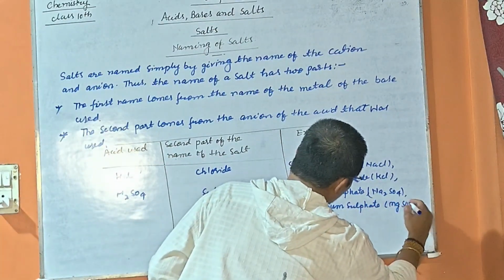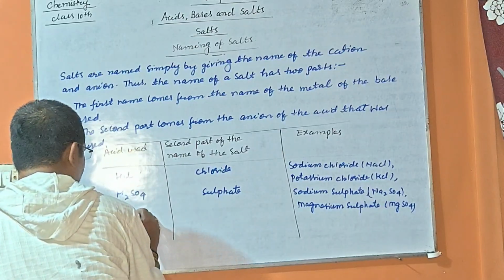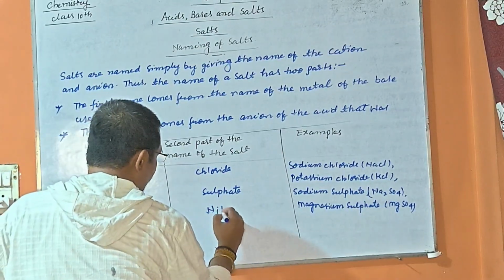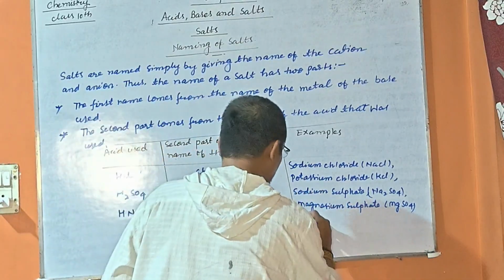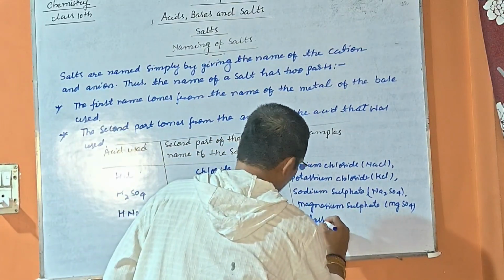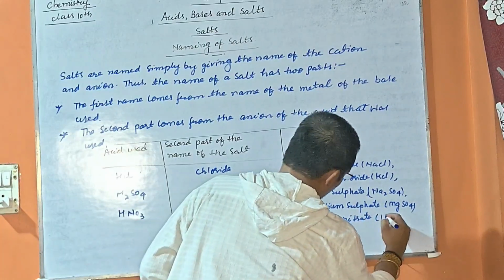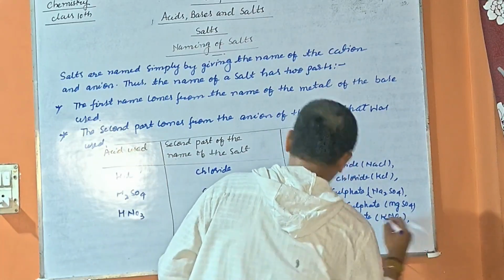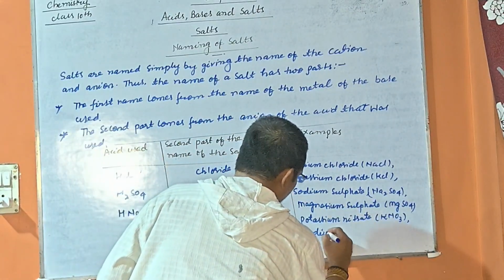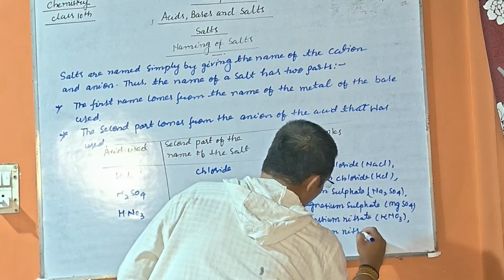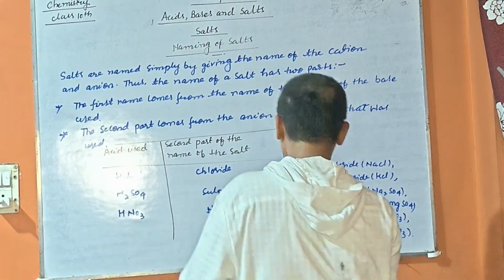Next is HNO3, that is nitrate. We can use potassium nitrate, KNO3. Next example is sodium nitrate, NaNO3.